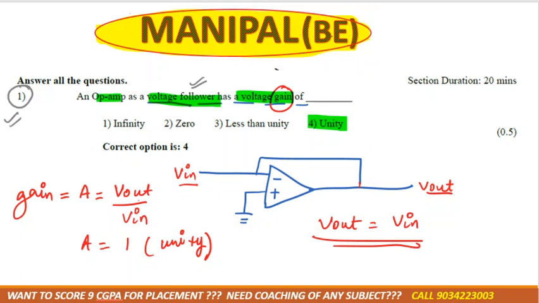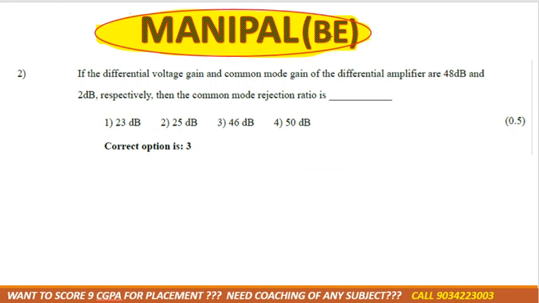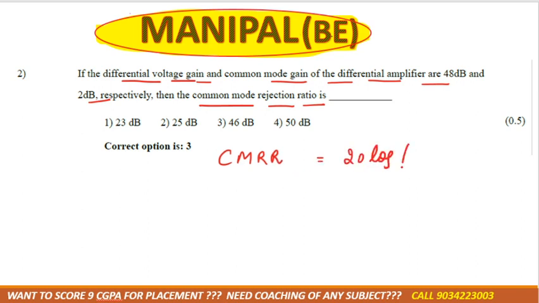Now move on to question number 2. This is from the CMRR. In this they said if the differential voltage gain and the common mode gain of the differential amplifier are these, what is the common mode rejection ratio? Common mode rejection ratio is denoted by CMRR and its formula is 20 log base 10 of AD divided by ACM.